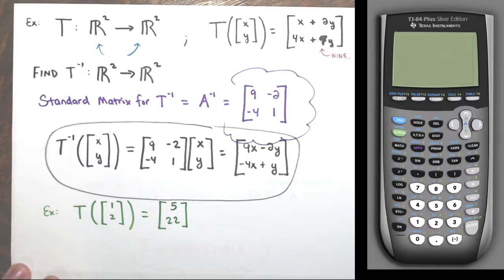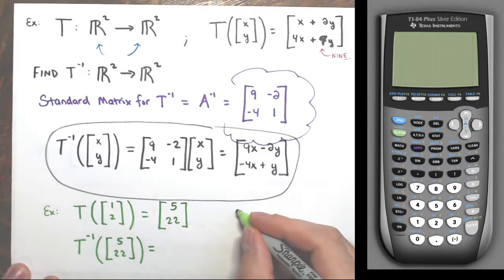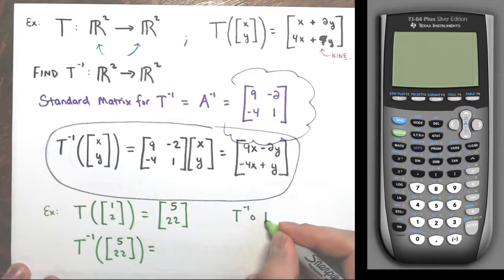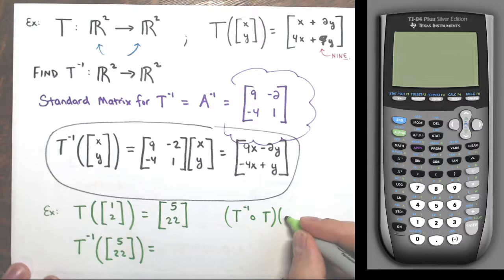Then let's compose this with T inverse. What would T inverse of this vector be? According to what I said before, if I do T inverse composed with T of any vector V from R2, I should just get that vector back.